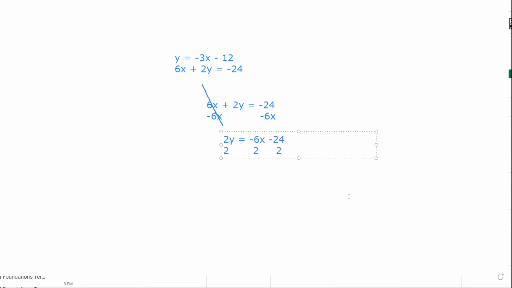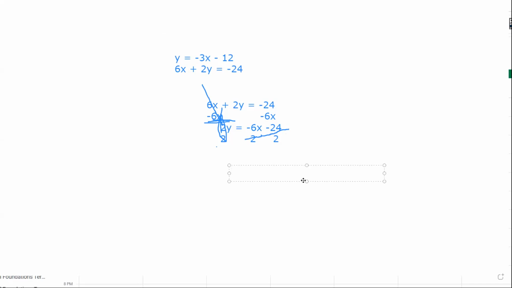I'm dividing everything by 2 here because that's 2 times y. Same thing on this side. Dividing all 3 terms by 2.